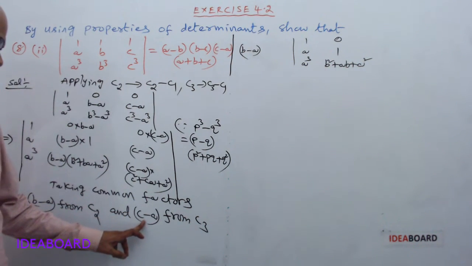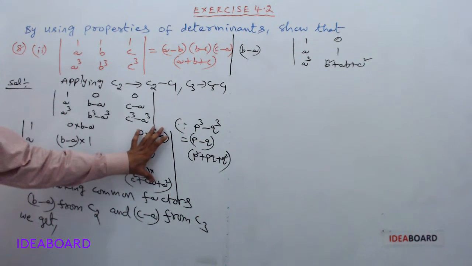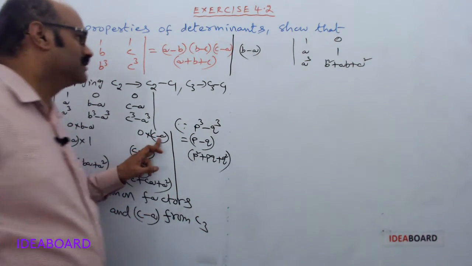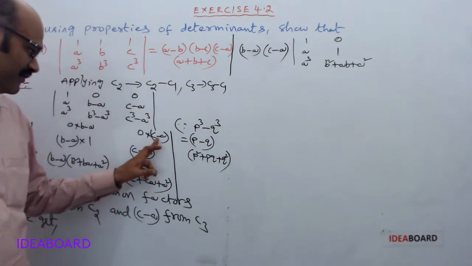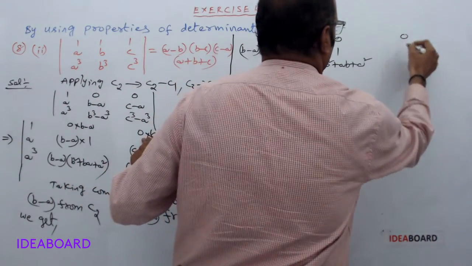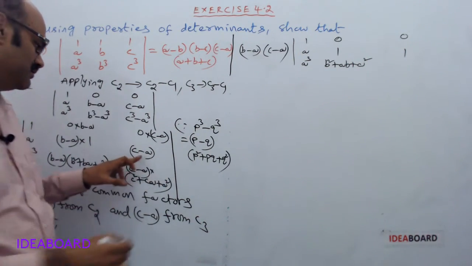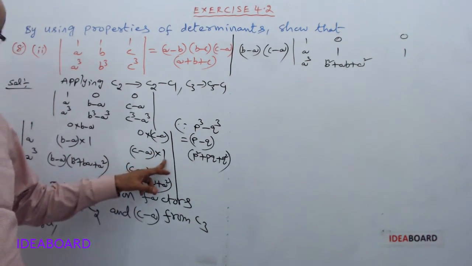Next, we have to take C minus A from column 3. This is column 3. From column 3, we have to take C minus A outside. So into C minus A. When you take C minus A outside, we are having here 0, 1, into you can take 1 here. So when you take C minus A, you are having 1.